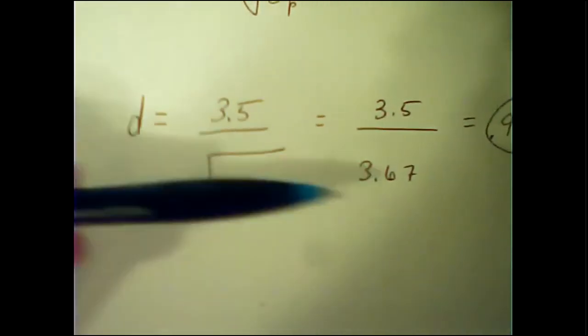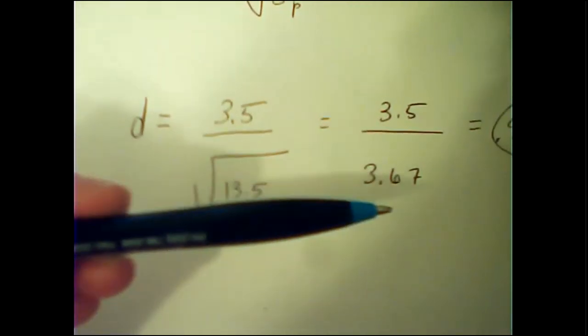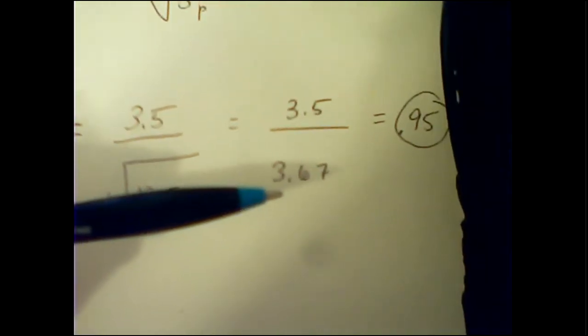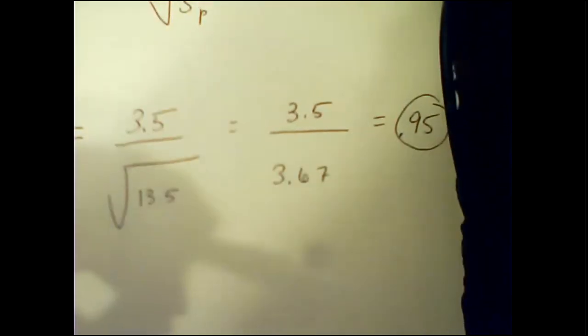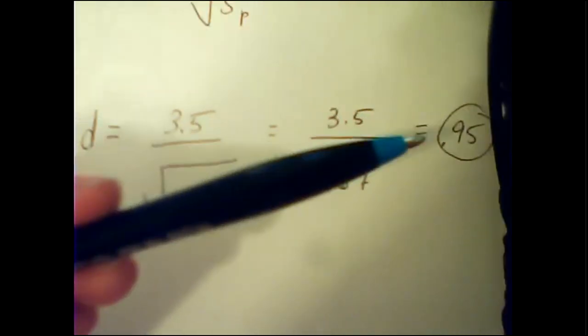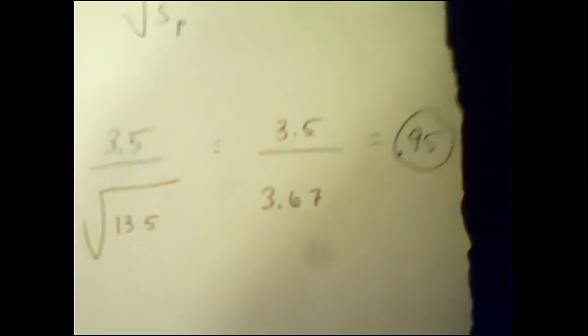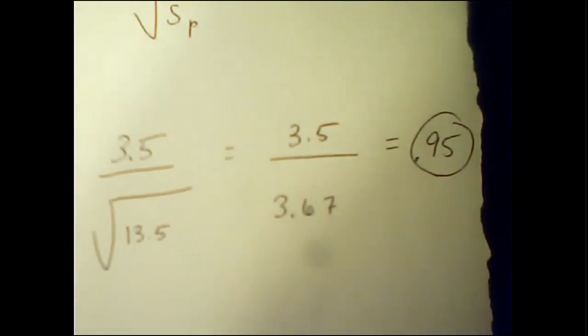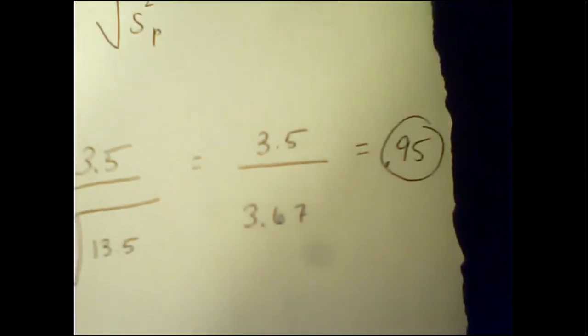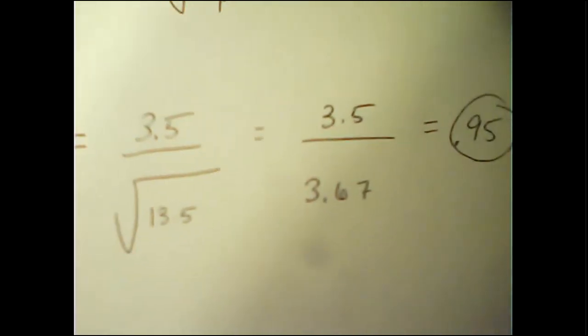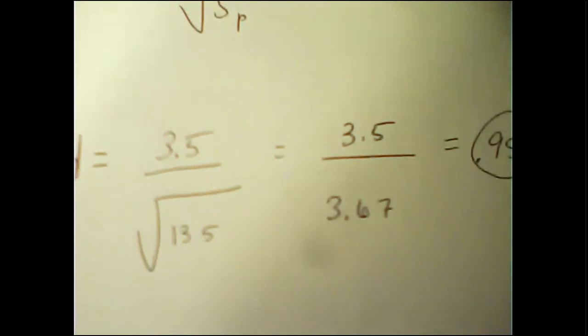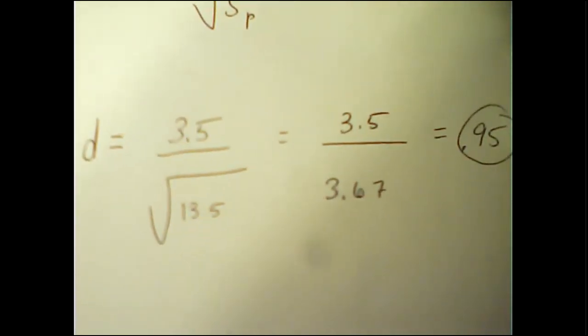That ends up being 3.5 over 3.67. And we get a Cohen's d of 0.95, saying that this exercise program has improved fitness by almost a full standard deviation. This is a large effect, okay? Very, very powerful. You would be publishing this research if your data came out this way.